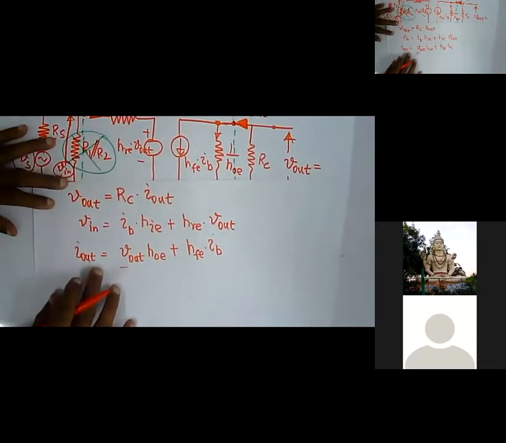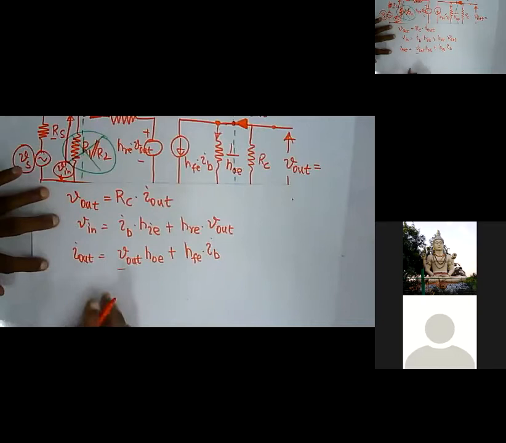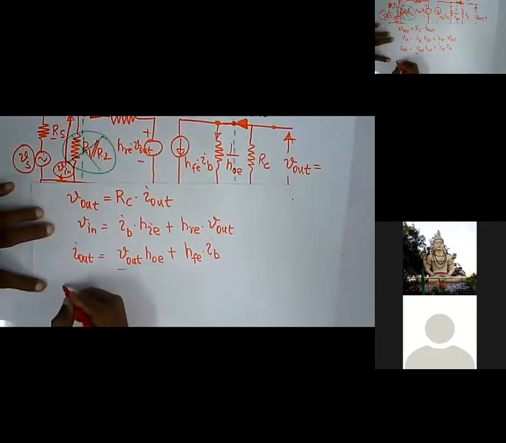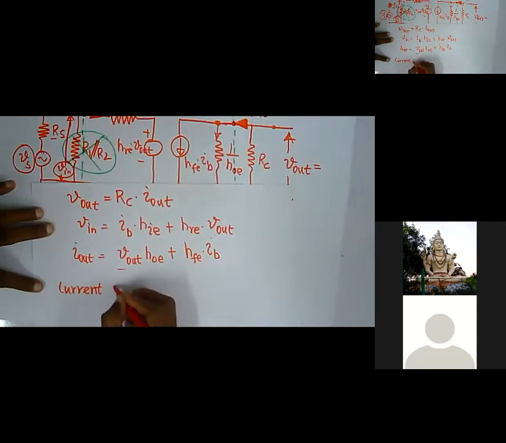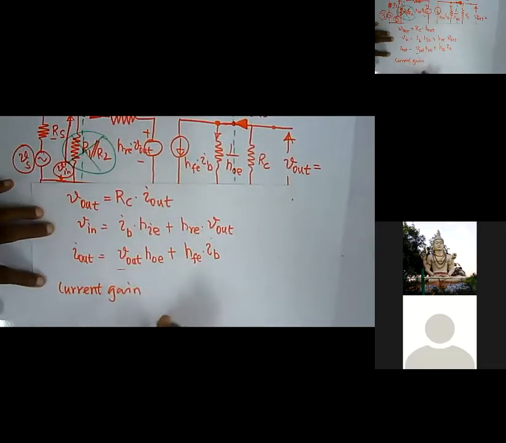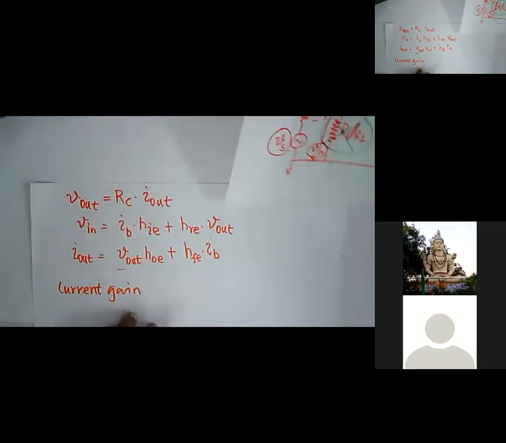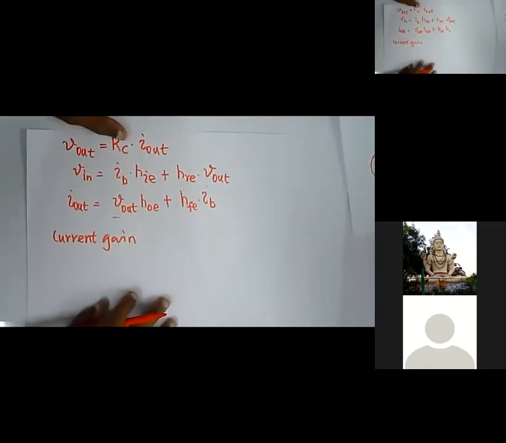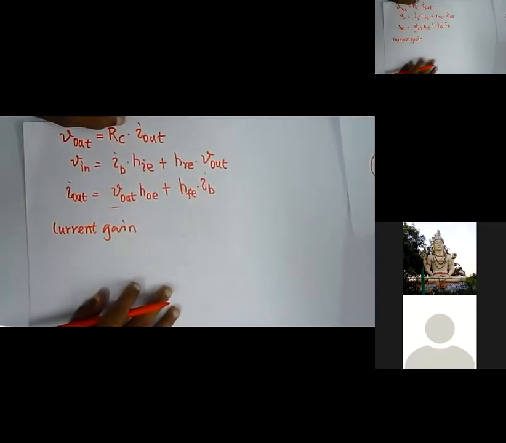So now, what is my current gain? I'll remove the circuit, and write down the equation so I can move away from the circuit.